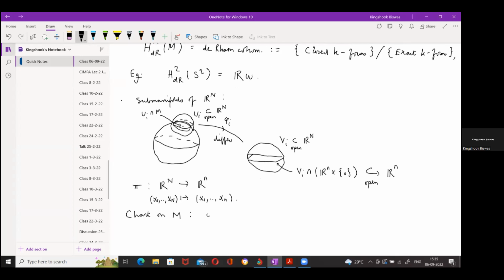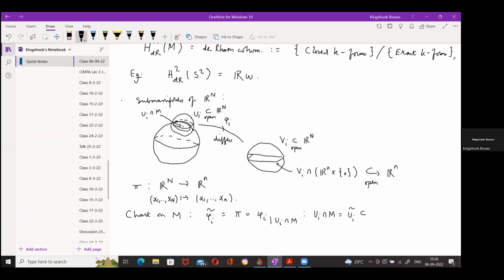The chart will be phi I tilde, which will be pi composed with phi I restricted to ui intersect n, right? So this goes from ui intersect n. So let me call this ui tilde.